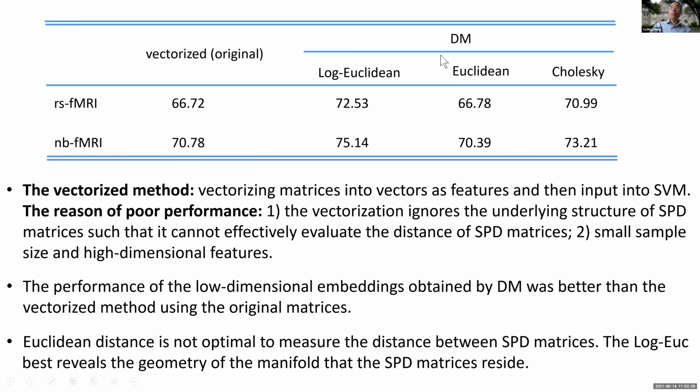However, using the diffusion map-based approach, we can significantly increase the classification accuracy. And furthermore, using the log-Euclidean distance, we can get better accuracy because the log-Euclidean distance can reveal the geometry of the manifold.